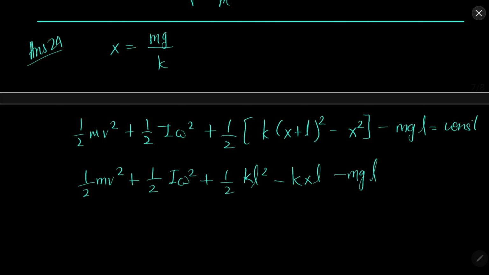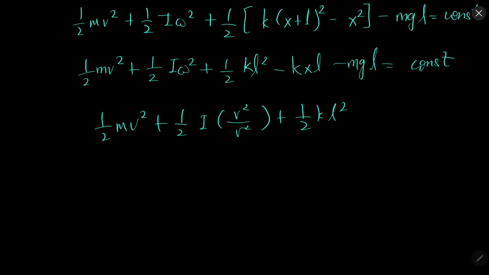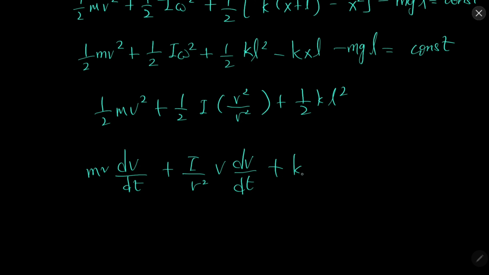So this is what we get. It will be a constant. Half mv square plus half I v square over r square plus half kL square. Taking the derivative with respect to time, we will obtain mv dv over dt plus I over r square v dv over dt plus kL dv over dt equal to 0.